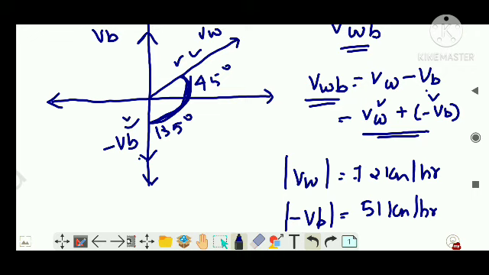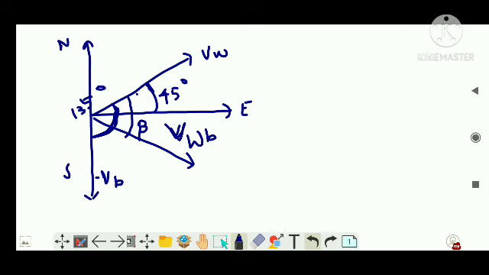The resultant will obviously be between them. Let's say this is the resultant, V_WB, and theta is the angle between the vectors, which we found as 135. I redrew the figure to help you. This is 45 degrees. Let's say beta is the angle which the resultant makes with the wind, because that is the reference.